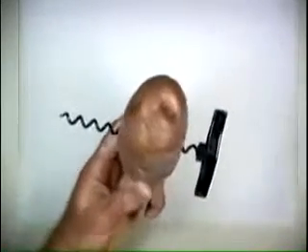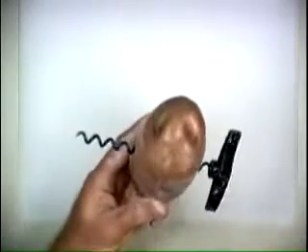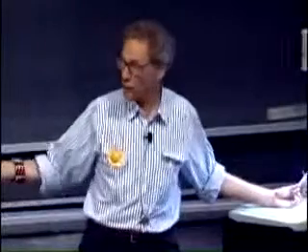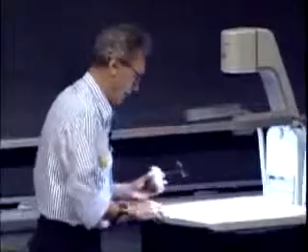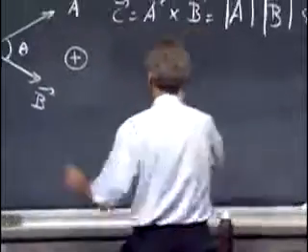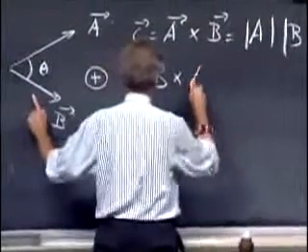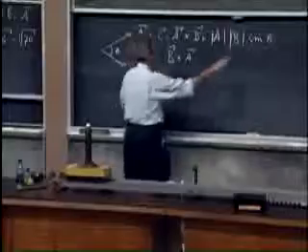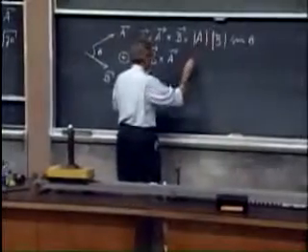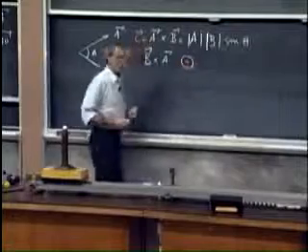If we had B cross A, then you take B in your hands and you rotate it over the shortest angle to A. Now you have to rotate counterclockwise. And when you rotate counterclockwise, the corkscrew comes to you. There you go. And so the vector is now pointing in this direction. And if the vector is pointing towards you, then we would indicate that with a circle and a dot. In other words, for this vector, B cross A would have exactly the same magnitude, no difference, but it would be coming out of the blackboard.